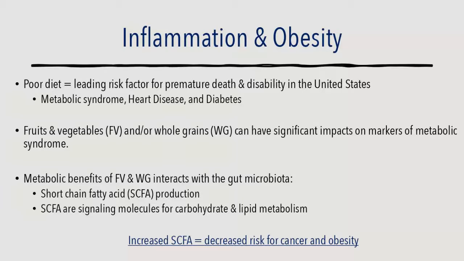The metabolic benefits of fruits and vegetables, as well as whole grains, really do interact with the gut microbiota, meaning that they use short-chain fatty acid production to make sure that we're having the best nutrient absorption in our gut as possible. These short-chain fatty acids are also signaling molecules for carbohydrate and lipid metabolism. So having an increased short-chain fatty acid intake is really going to decrease the risk for cancer and obesity.